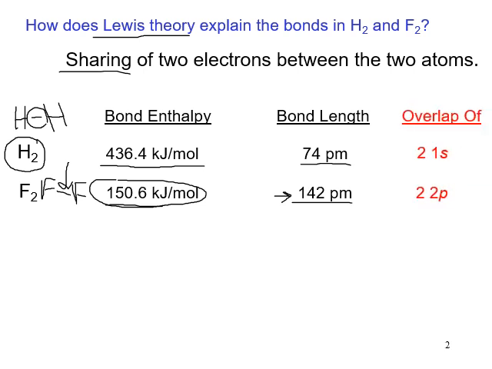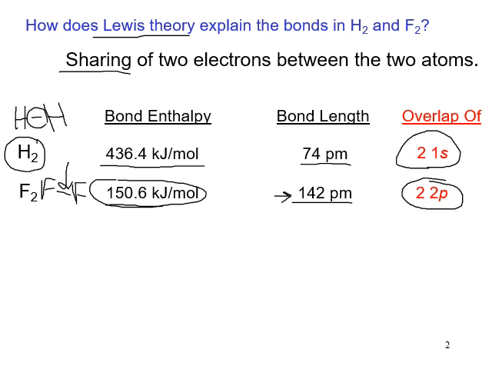So when we talk about how bonding occurs and we think about our atomic orbitals, we would view that bonding using valence bond theory and Lewis theory by saying there's an overlap of the atomic orbitals to create the bond between the two atoms, which create a molecule. Now, for this situation here, on fluorine, we would see the two 2p orbitals overlap from each fluorine atom.